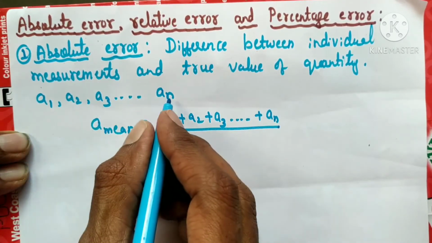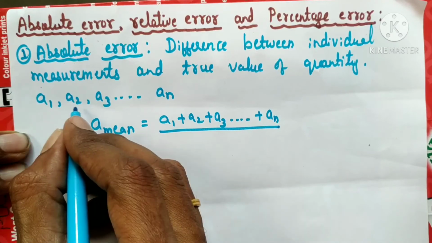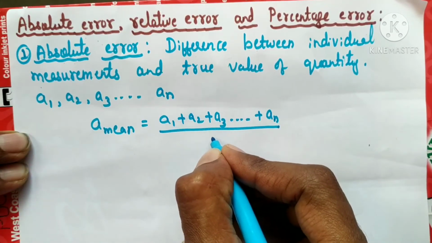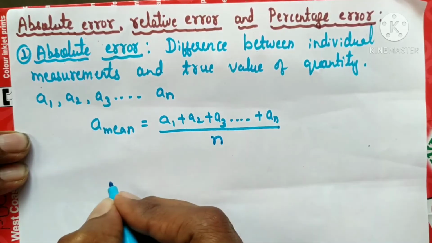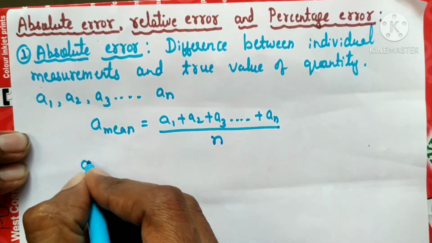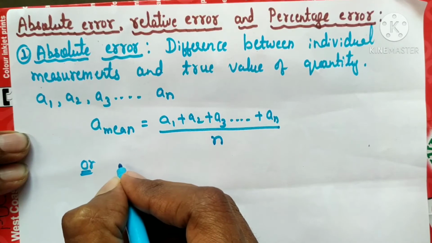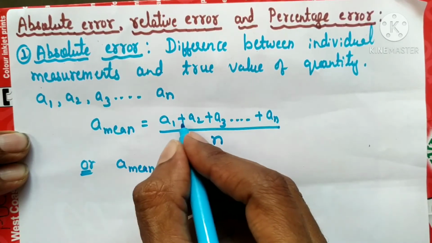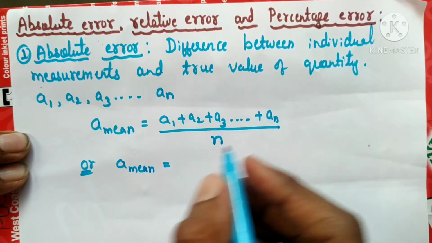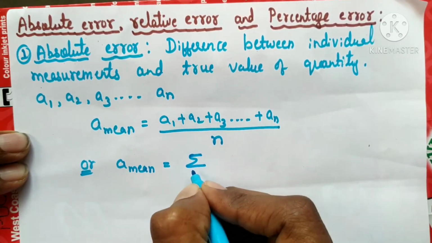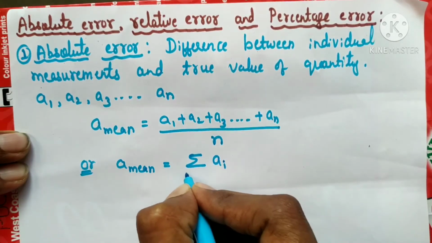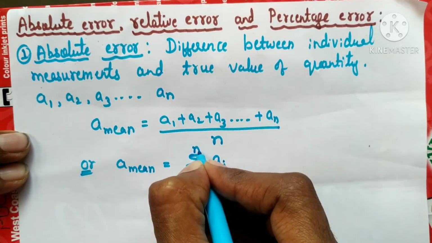N number of trials are there. It has started from A1, A2, A3 up to N. So I can take divided by N. Or you can write this expression in another way, like A mean equals A1, A2, A3, so on up to N can be written as summation of Ai, i equals 1 up to N.